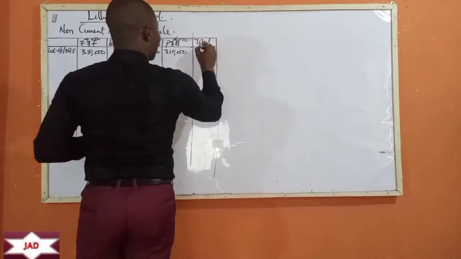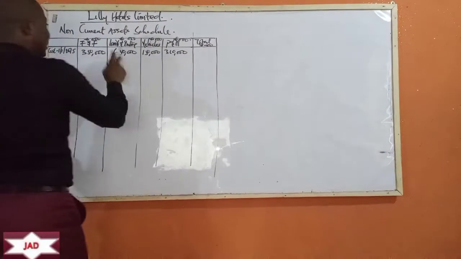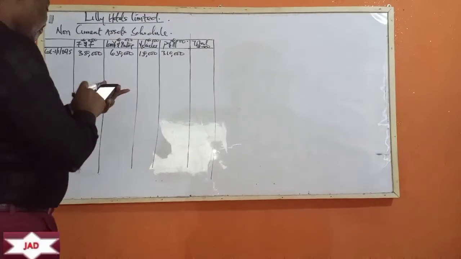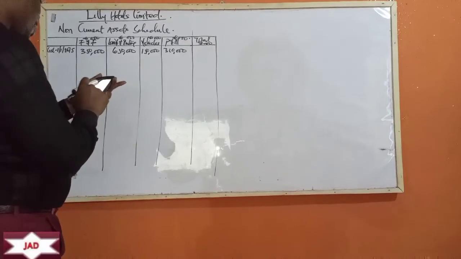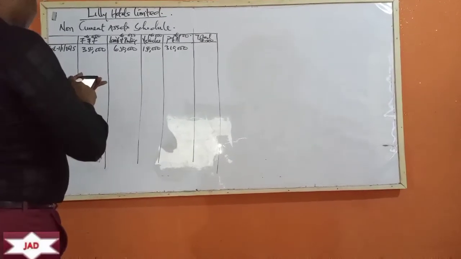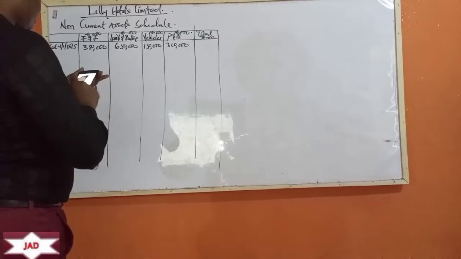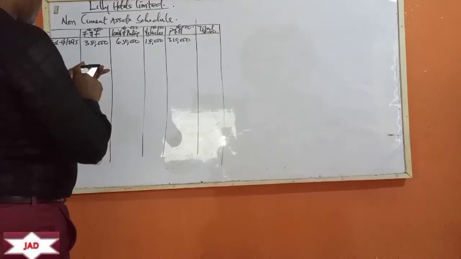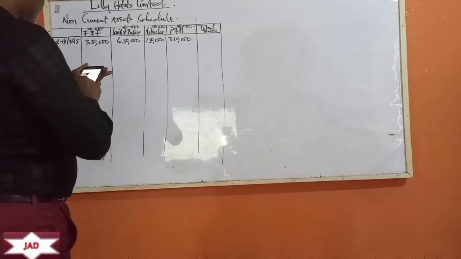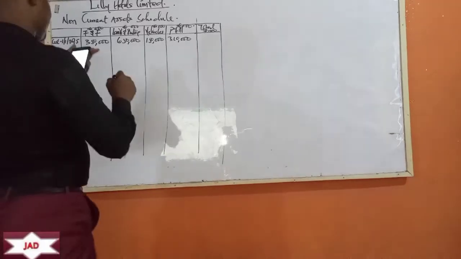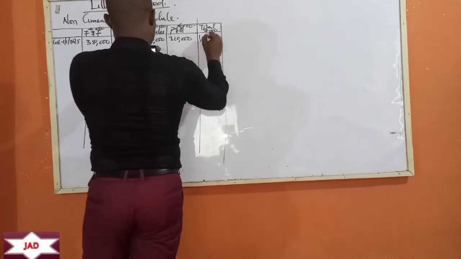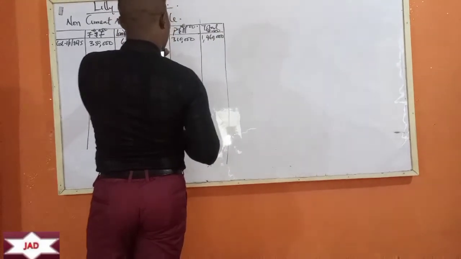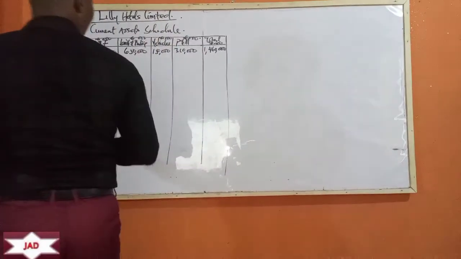When you add this to this to this to this, you have a total here: 350,000 plus 650,000 plus 150,000 plus 310,000. What I have here is 1,460,000, which is more like 1,460,000,000.